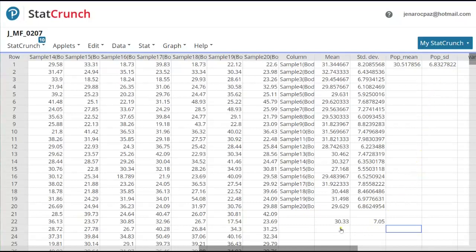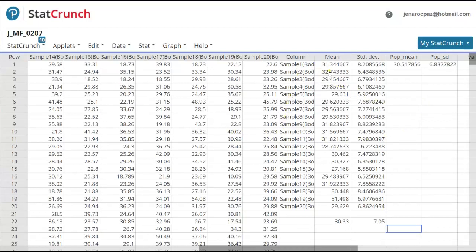But if we consider the mean of means of several samples, the mean is 30.33, okay, almost the same. And the mean of the standard deviations of all those samples is going to be almost the same.